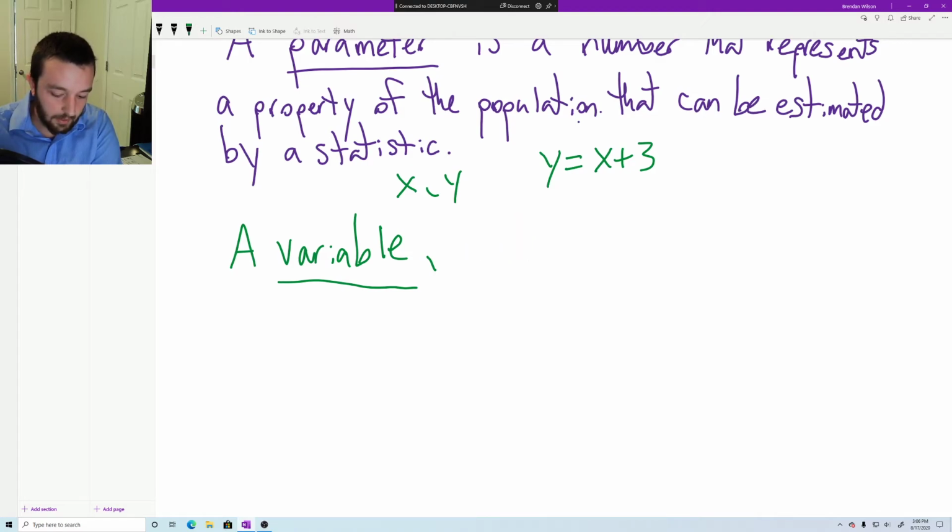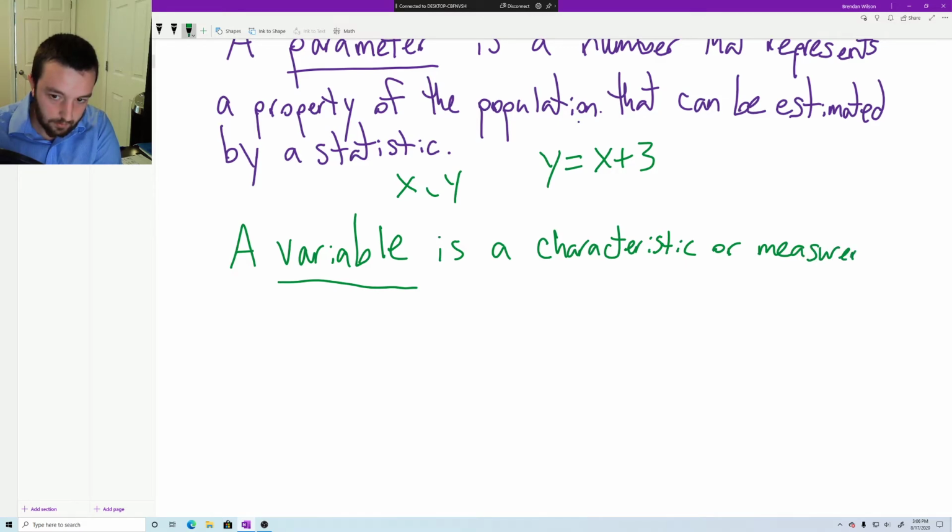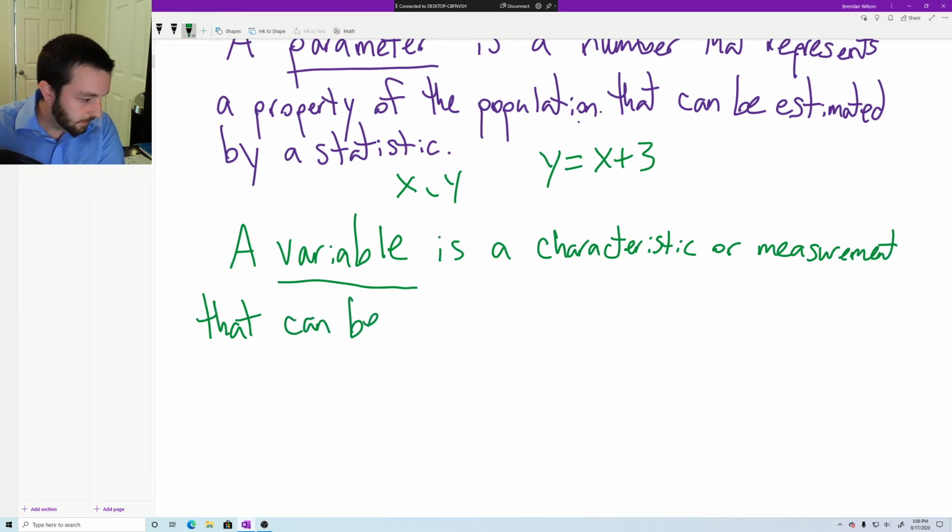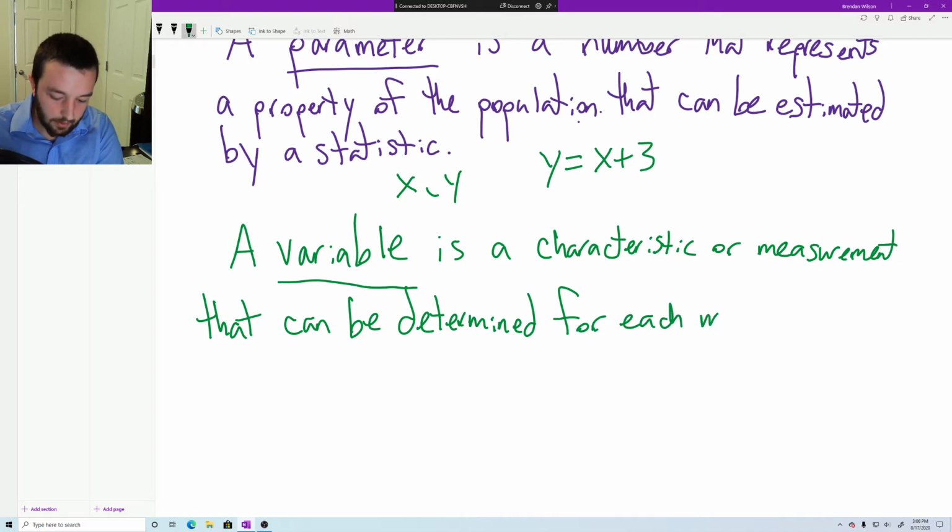a variable is a characteristic or measurement that can be determined for each member of a population.